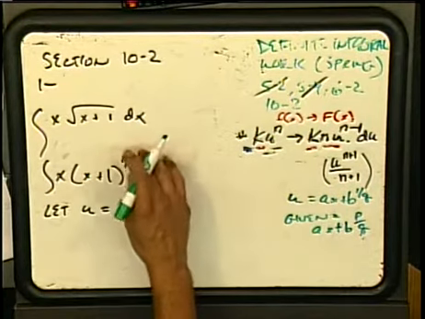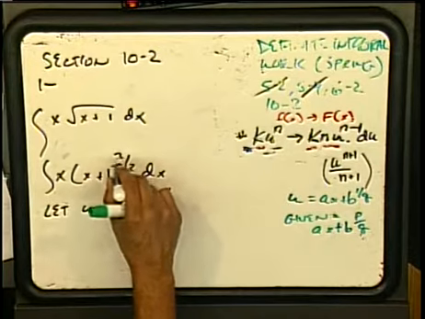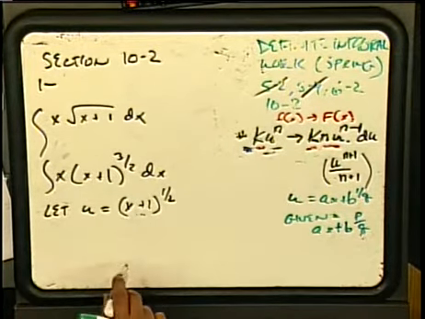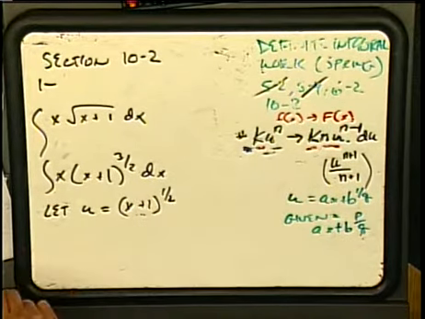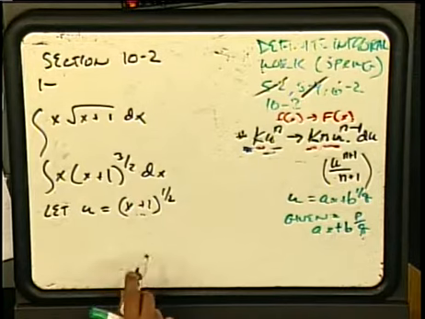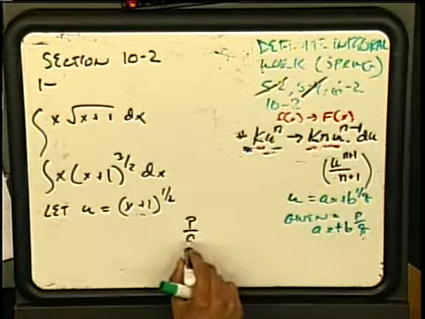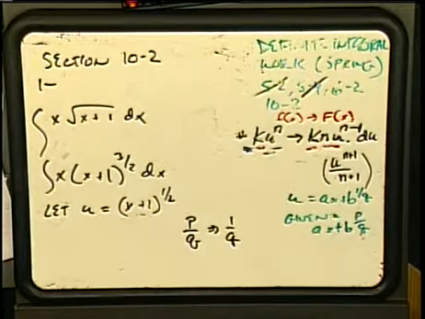Like, say the question says x plus 1 to the 3 halves. You're still going to let u equal x plus 1 to the 1 half. If they give you p over q, you're going to use 1 over q. So it's whatever the denominator is.